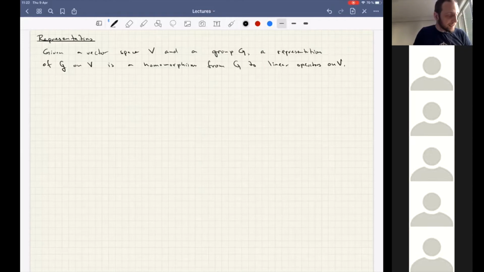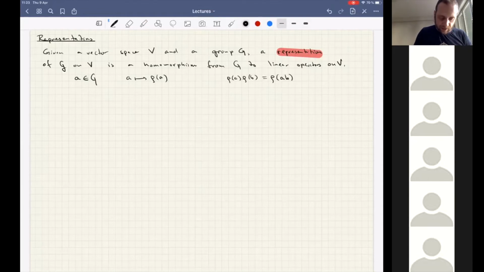So what we're saying is that for A in the group G, we are looking at the map where A maps to rho of A, where rho of A is a linear operator on V, such that rho of A times rho of B is rho of A times B. That's the requirement of being a homomorphism, and this is the definition of a representation.